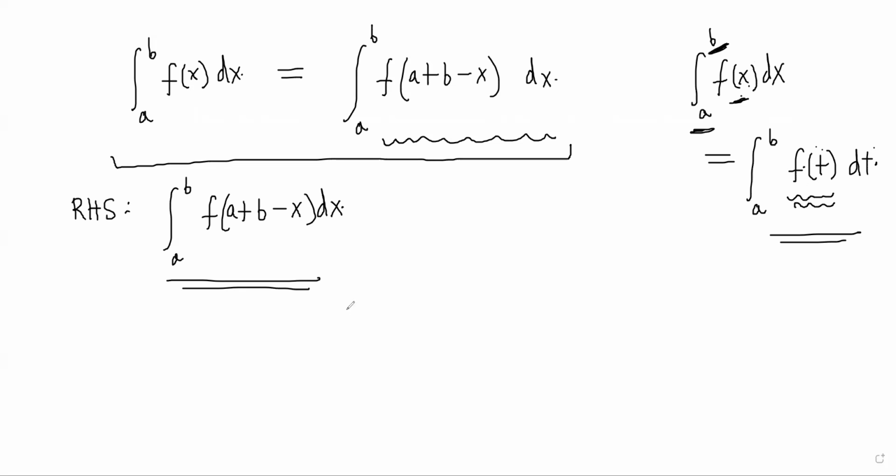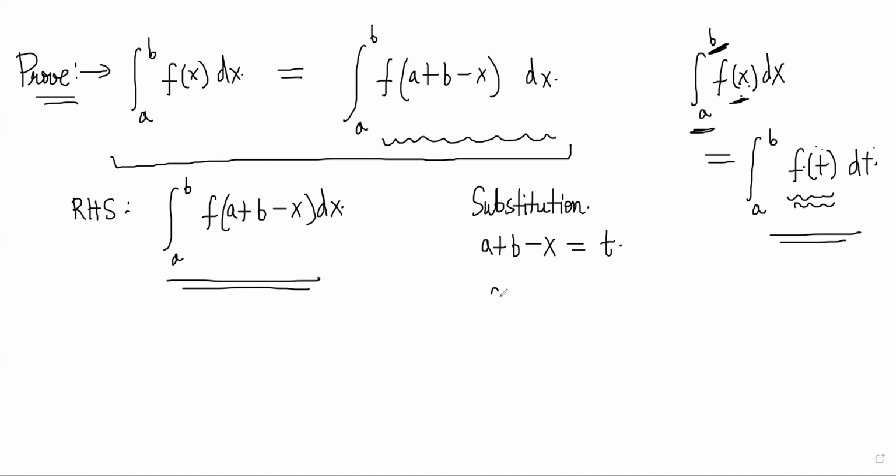Now we want to prove this property, and we'll take advantage of the substitution method we have learned, where we can change the variable. So let's call a plus b minus x as t for now. a and b are constants.